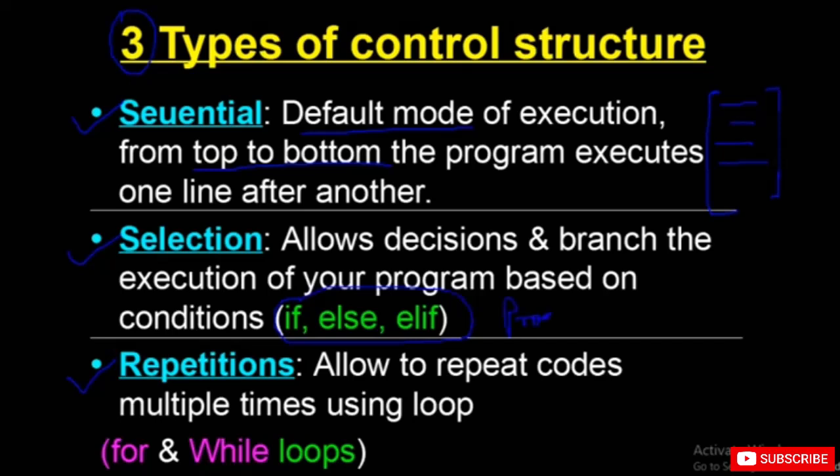We are going to do its practical, but for now you can understand that if 2 is greater than 1, then print good, and if not, else print not good. Well, it's not working here, but it's close, okay?